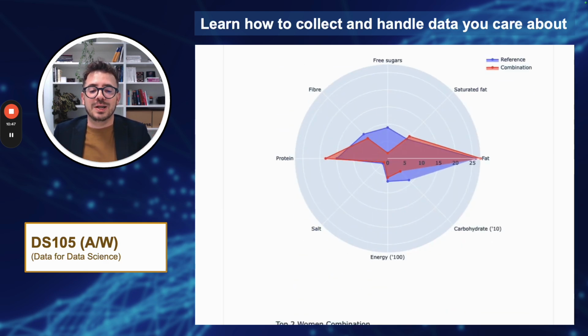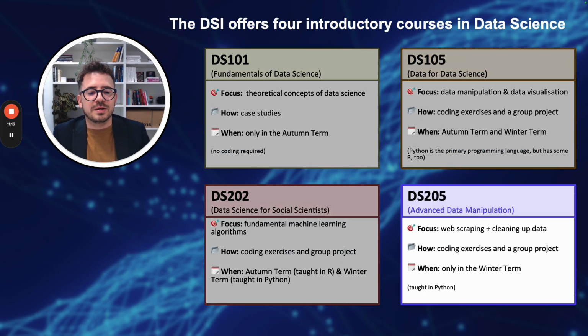And they looked at all the data that was available on food on the Waitrose website and found the best combinations, the best cost-effective combination for LSE students. So that was a very interesting combination of multiple data sources and multiple things. So these are the kind of projects that are completely student-driven, and we love them. So it's great fun.